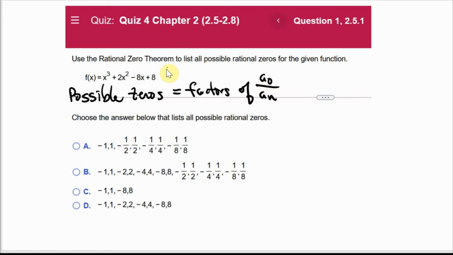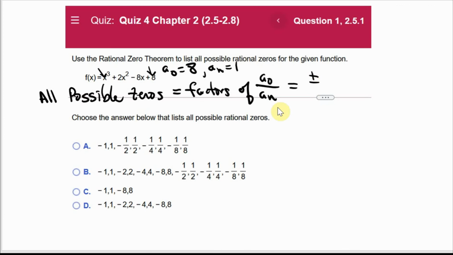So here for this problem, a sub naught is 8, and then a sub n is the leading coefficient, which is just 1 times x, right? So what we have in terms of the possibilities, and here we want all, so that would include plus or minus.